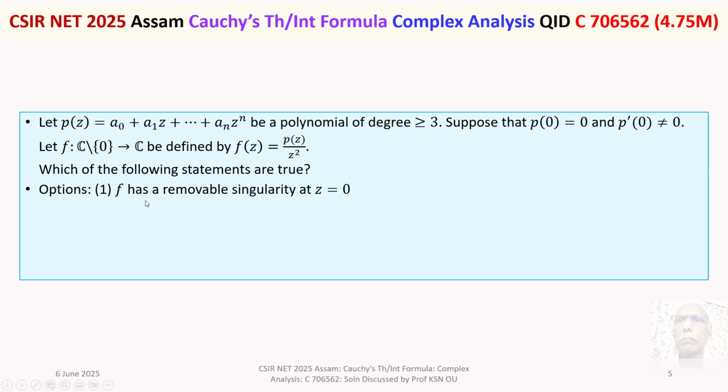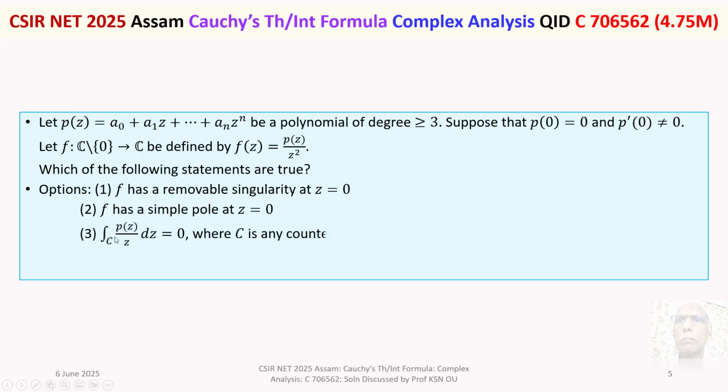Option 1, F has a removable singularity at Z is equal to 0. Option 2, F has a simple pole at Z is equal to 0.